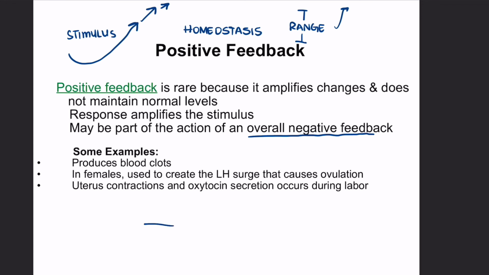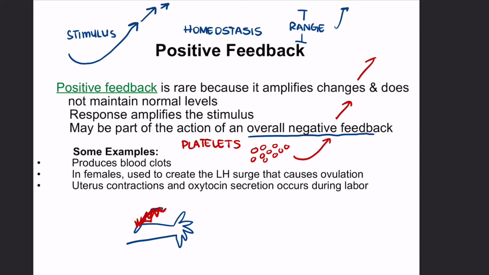Say you cut yourself and you're bleeding, I should draw this in red. You're bleeding. The way we actually produce blood clots using platelets is by positive feedback. Your platelets surround each other and they attract each other even more and more and more, amplifying this change until it blocks our ruptured blood vessel, closing it, and then bringing the body back to negative feedback.